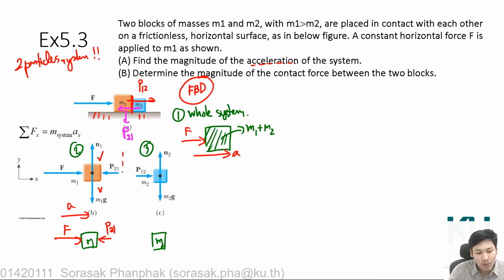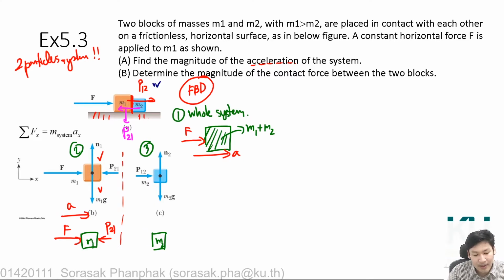So what about the free body diagram of the particle, only M2? As stated, you have P12 pushing the M2 mass. Here, rather than the resultant force, because the resultant force is not the contact force, we look only at the contact force in this system.